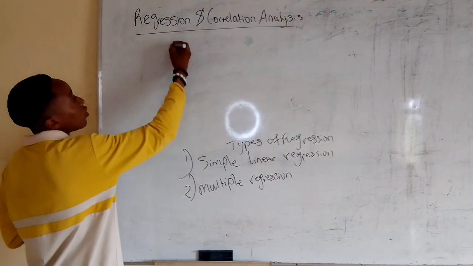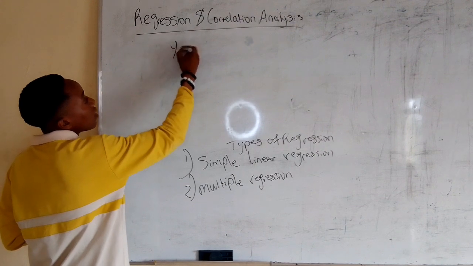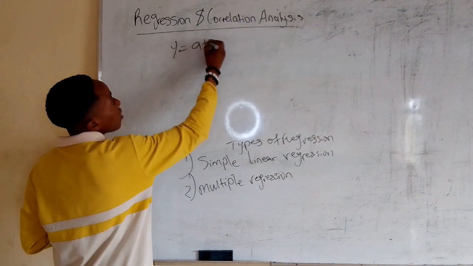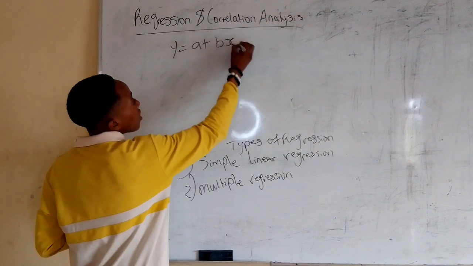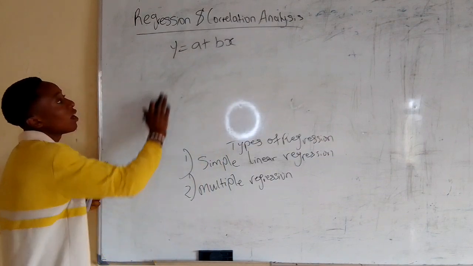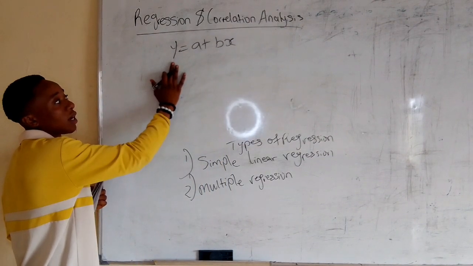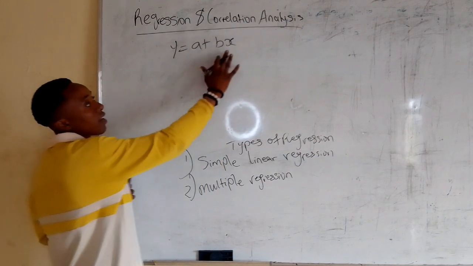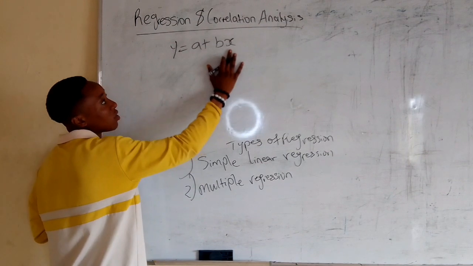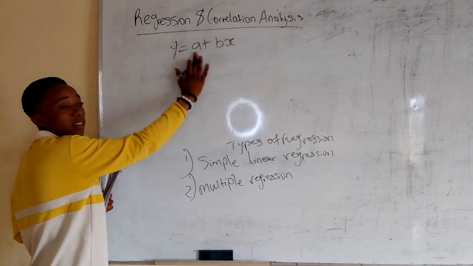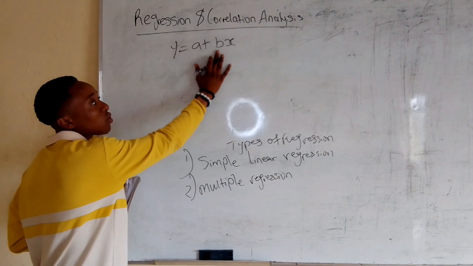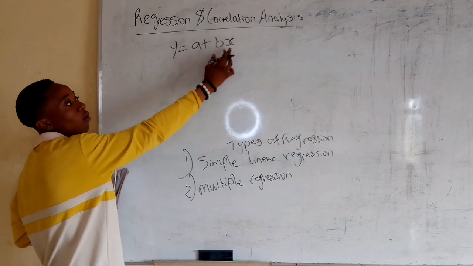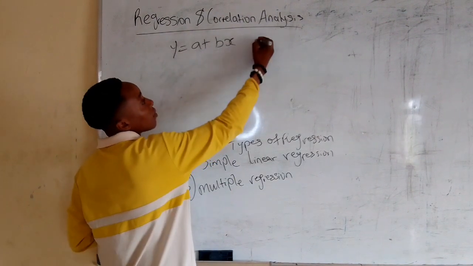For simple regression, we have y equal to a plus bx, where y is our dependent variable, x is our independent variable, a is our intercept, and b is our slope or coefficient of x.